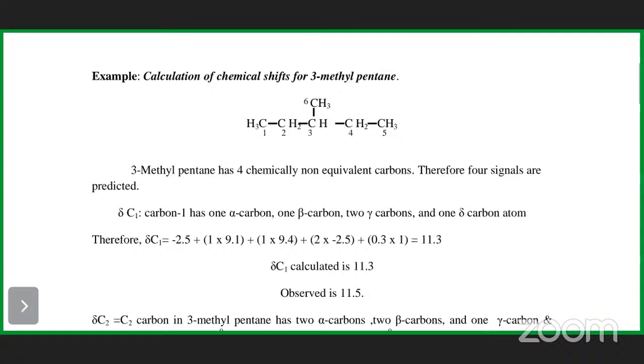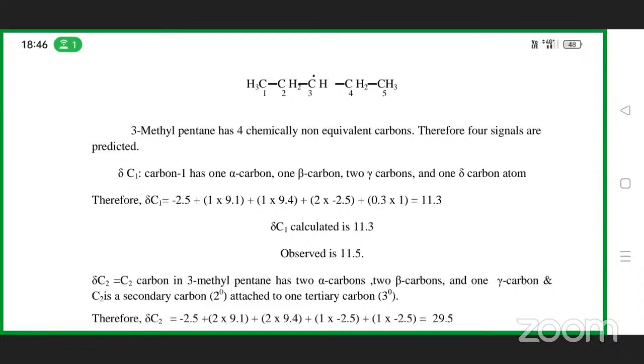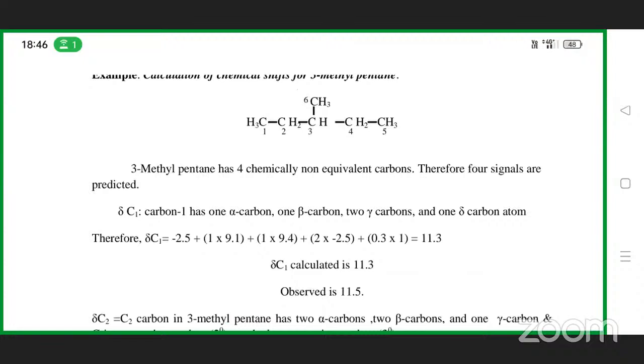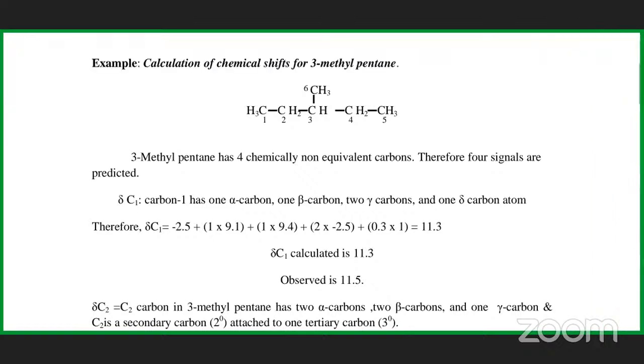Now we'll see the calculation of chemical shift values. Like the chain, the methyl and carbon here, so it is symmetrical.